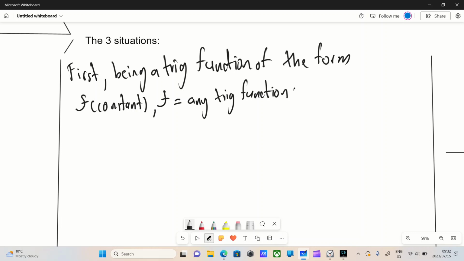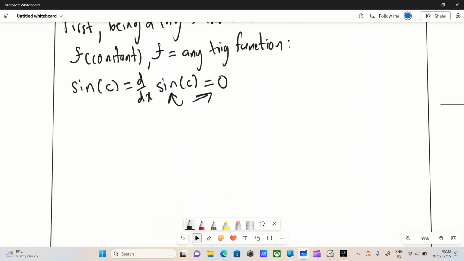So for our example, let's say I have sine and I have some constant, I'll just call it c. We know that the derivative of a trig function that takes as parameter a constant will always be 0. Why? Because the trig function itself, when it takes as parameter a constant value, will return a constant value. And the derivative of a constant value is equal to 0. So that one is quite simple.